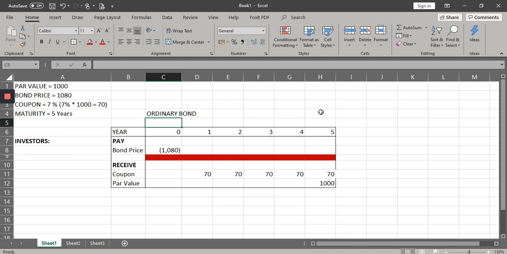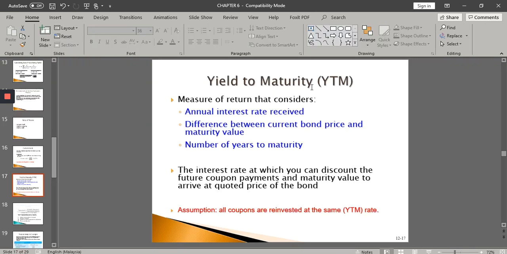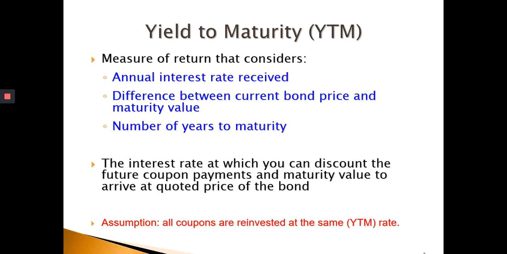All right. What is the overall return a bondholder receives per annum? This is a per annum calculation if he keeps the bond until maturity. That is called yield to maturity. Okay. There are some assumptions. All coupons are reinvested at the same yield to maturity rate.